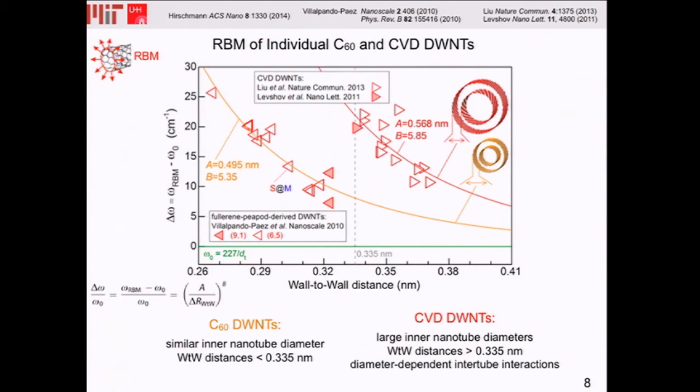You see that for the PPP-derived tubes, the wall-to-wall distances are smaller than the interlayer distance of graphene, which is found to be 0.335 nanometers, in comparison to the wall-to-wall distances of the larger CVD double-walled carbon nanotubes. And this plot perfectly shows that the interaction between the tubes is higher in the larger tubes in comparison to the smaller diameter tubes.